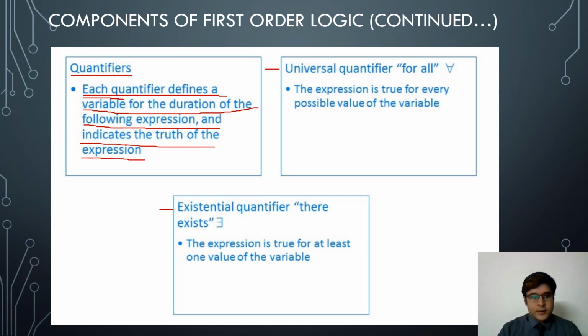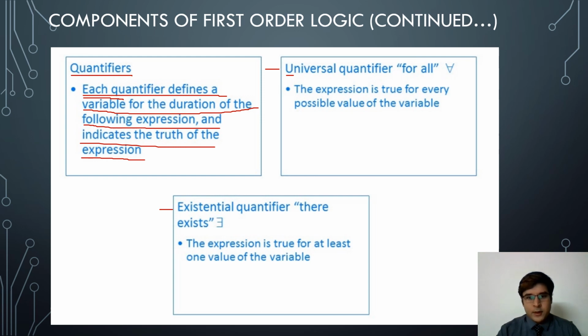So for some variable, or for every variable, denoted by existential and universal respectively, we denote an expression and assign it to be true for those variables. It will be clear when I discuss each of the quantifiers now.